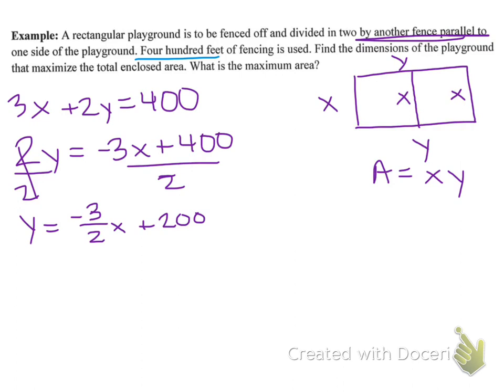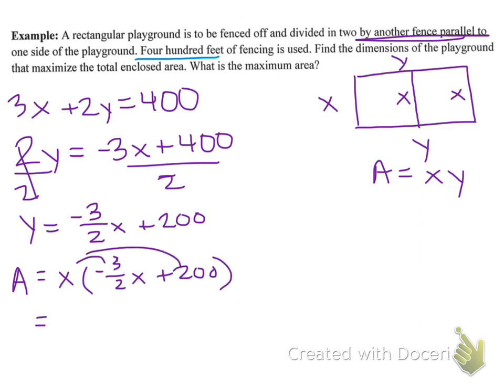Now I need to take that and plug that into the A equation. So I'm just going to do this over here. So I have X times this negative 3 over 2 X plus 200. We'll distribute the X. So I have negative 3 over 2 X squared plus 200 X.